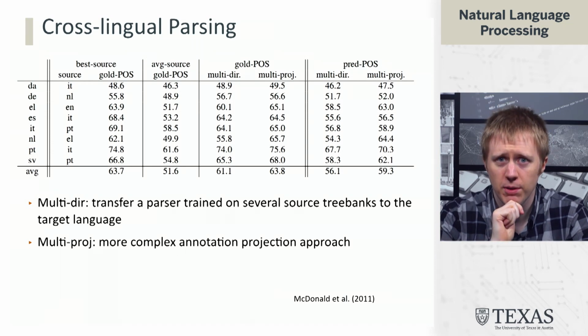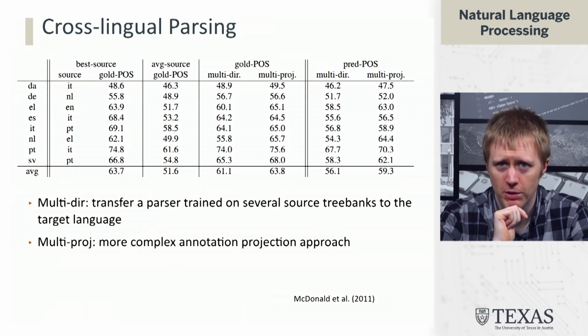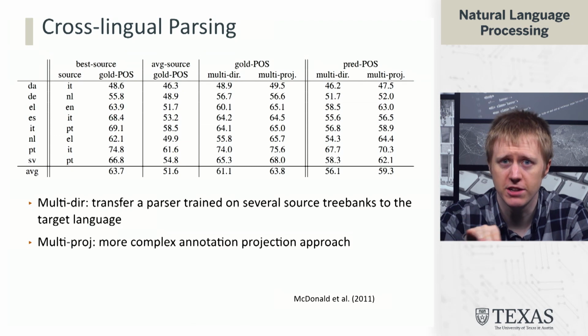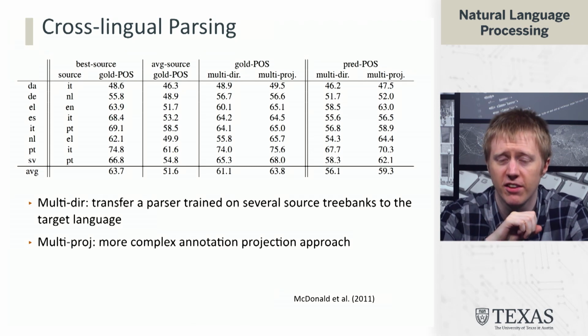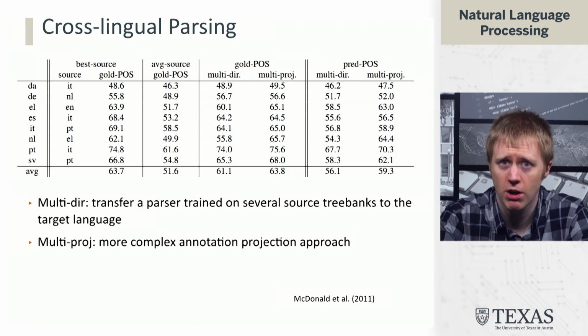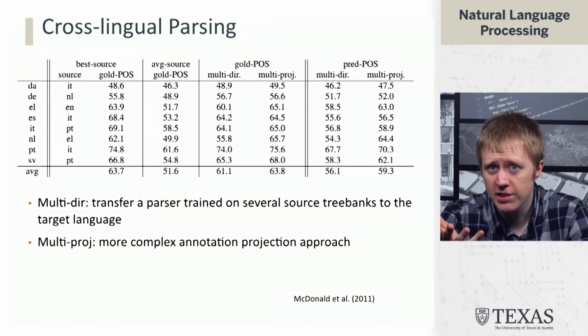And so that's what this multi-dir approach is, in the second to last and fourth to last columns. Basically, we train on a mix of other treebanks and test on the language specified in each row. And so the accuracies here are not great.